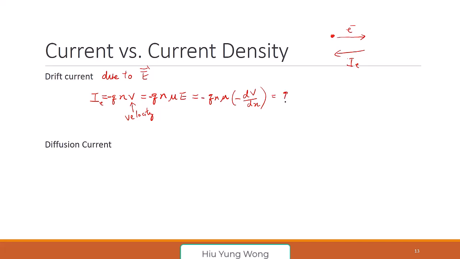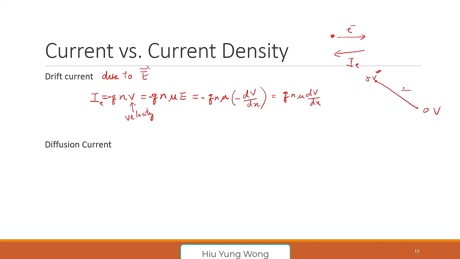So this is Q n mu dV/dx, which is okay. Just think about this. If I have a high potential, for example 5 volts, and then 0 volt, where does the electron want to go?